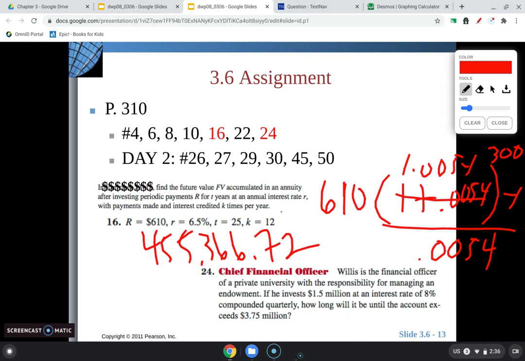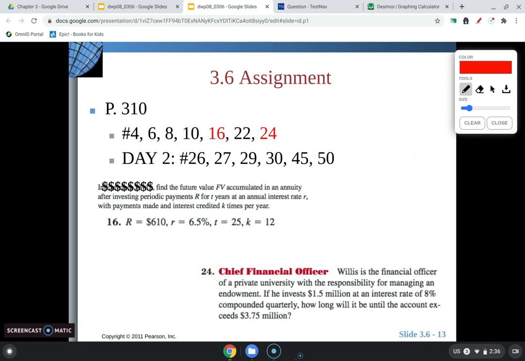All right. Willis is the financial officer of a private university with responsibility for managing an endowment. If he invests $1.5 million at an interest rate of 8% compounded quarterly, how long will it be until the account exceeds $3.75 million? Okay, so he wants to get to $3.75 million.